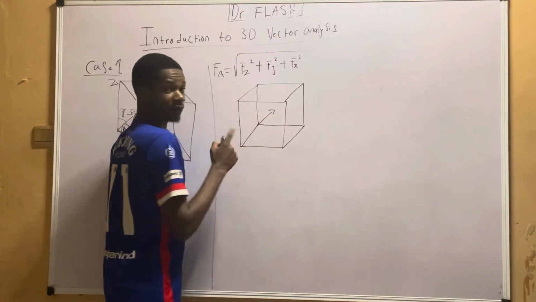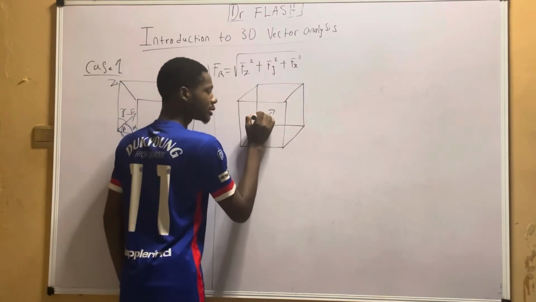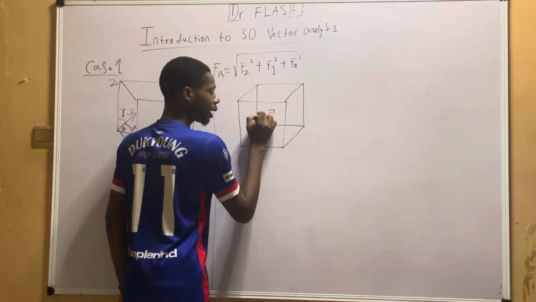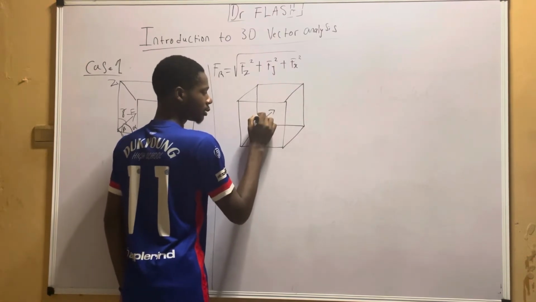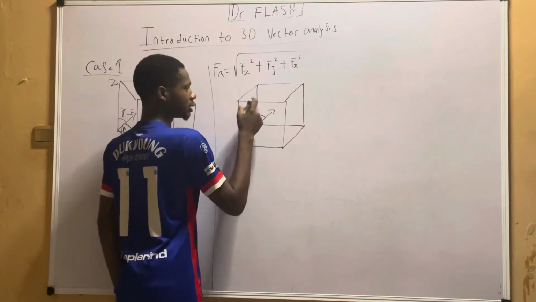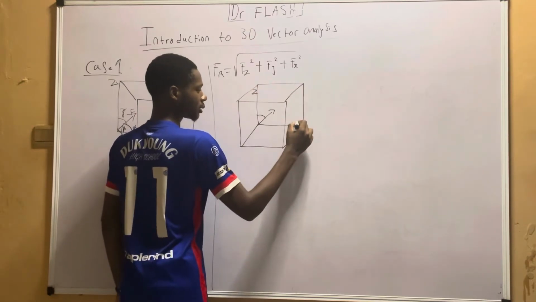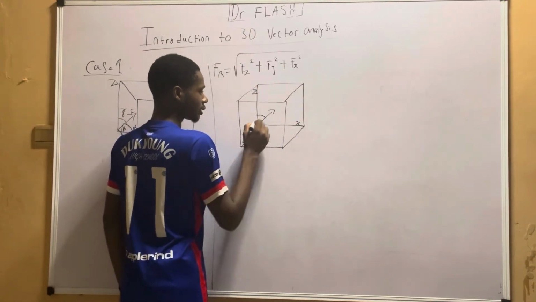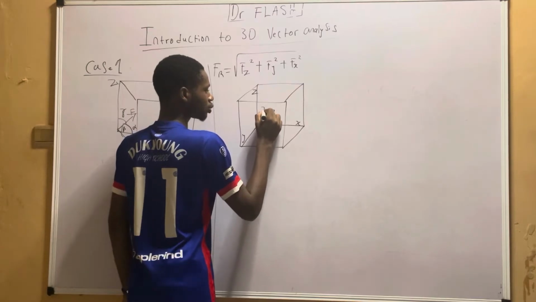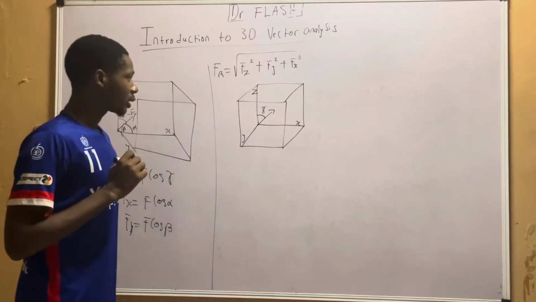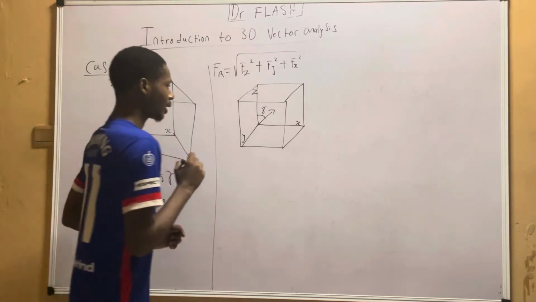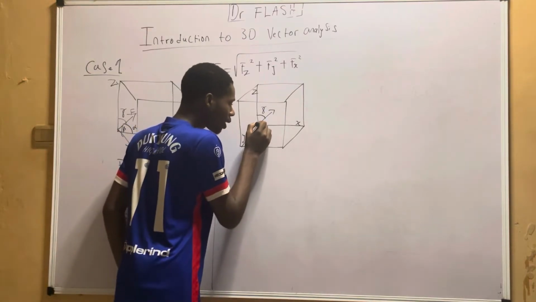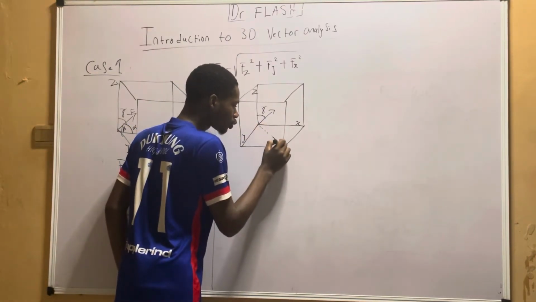Now this one is also having an angle, but in this case the angle is with the z-axis. This is the z-axis, this is the x-axis, and this is the y-axis, and the angle here I'm going to call gamma. That's the angle with the z-axis, and then we're going to have a bottom like this.